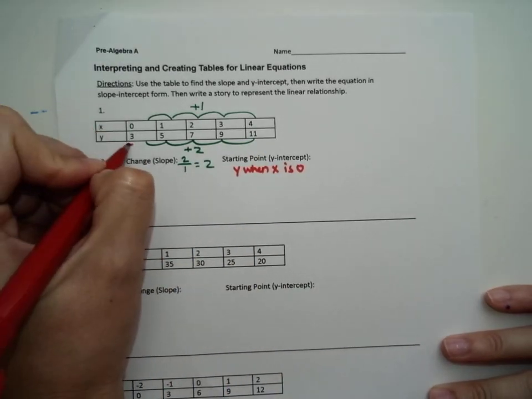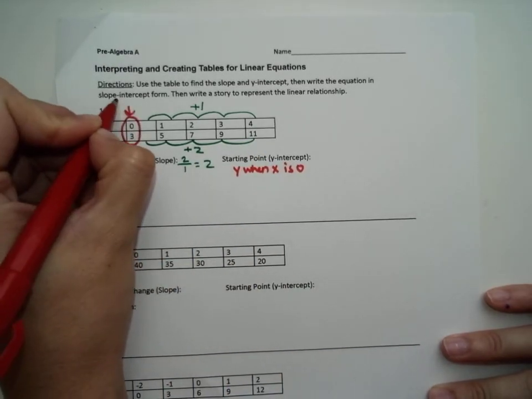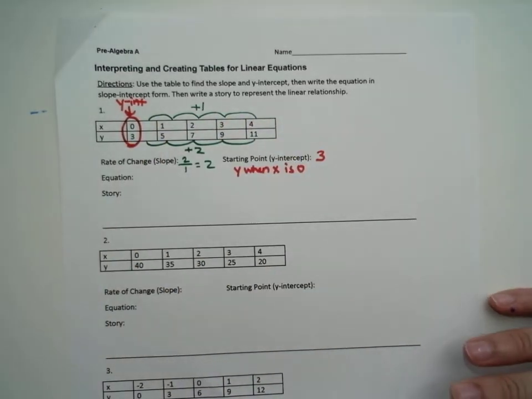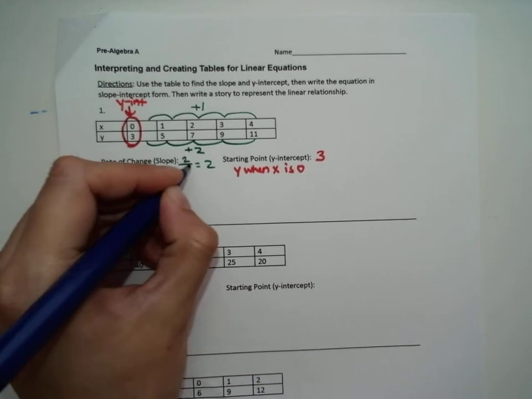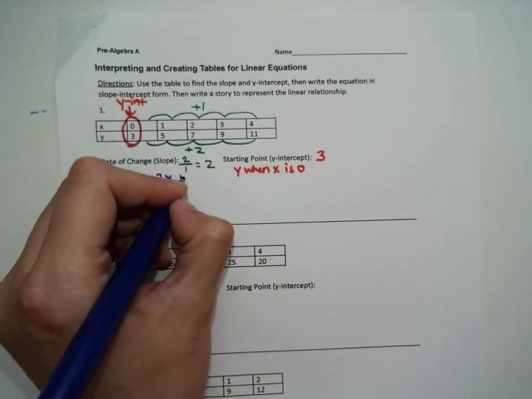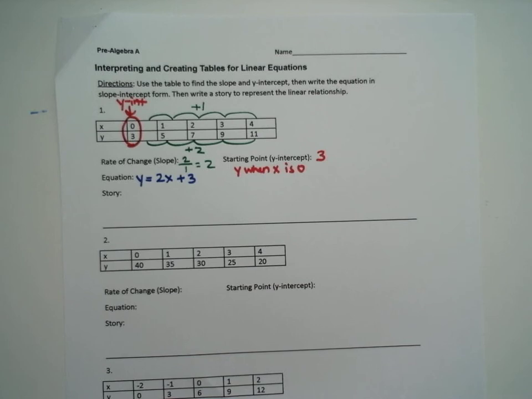So we find where x is 0. That right there is the y-intercept, which is 3. So our equation is y equals our slope, which is 2 times x plus our y-intercept, which is 3.